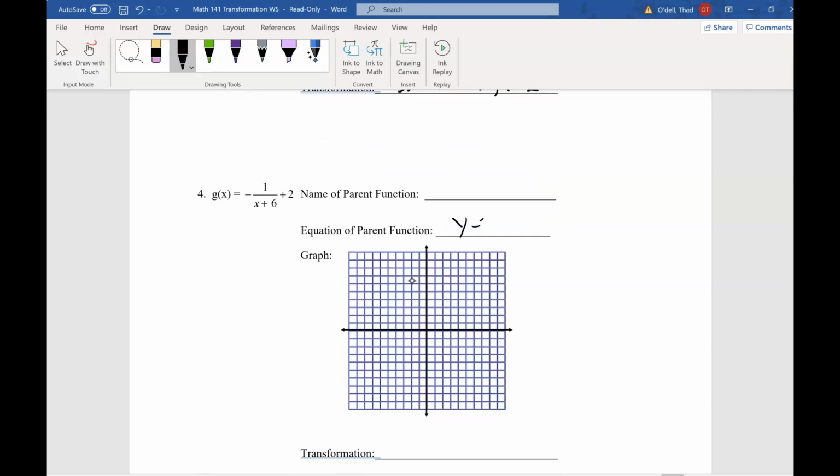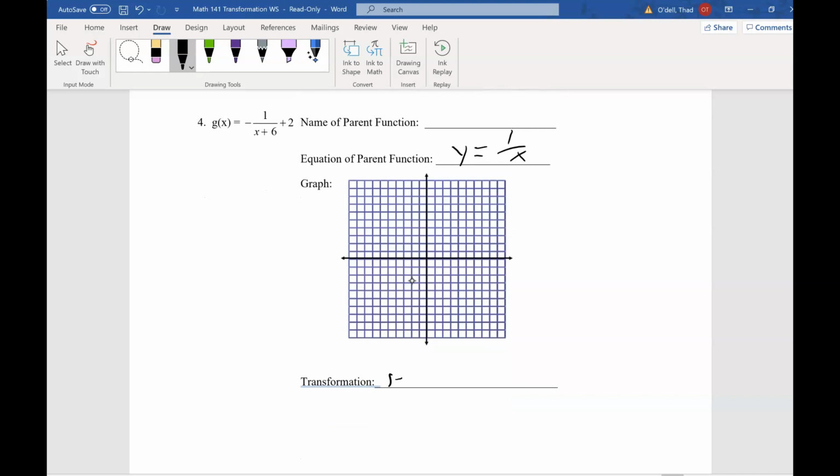This is the y equals 1 over x parent function. It looks like there are 3 things going on. There's a reflection, so reflect across the x-axis, because it's on, we'll call it, the outside. There's a plus 6 on the inside, so that would be shift left 6.